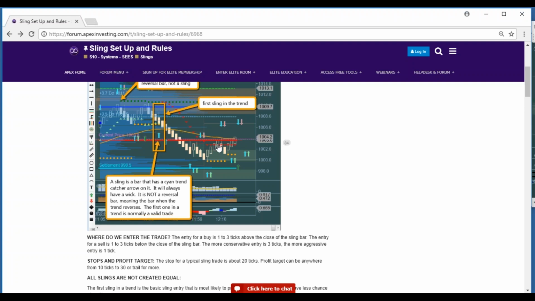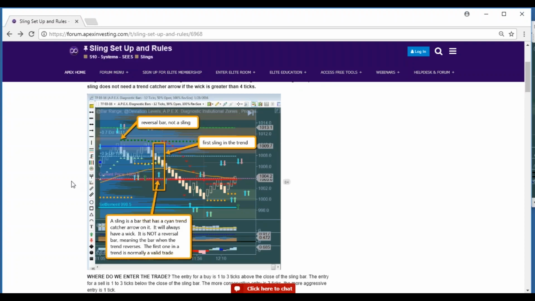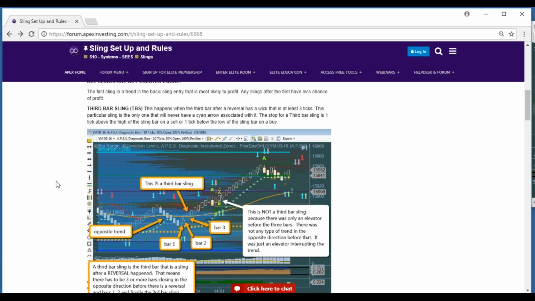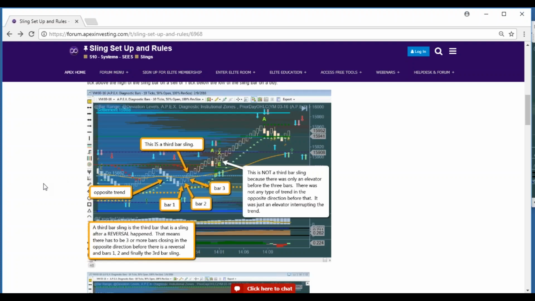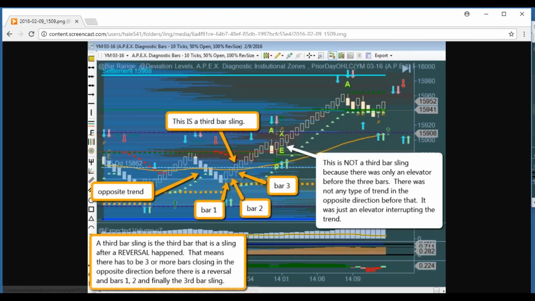You can go through and read more about them here, and you can see screenshots of them all over. A third bar sling does not require that trend catcher cyan arrow. A couple of you said, hey, do that again. A third bar sling is the third bar that is a sling after a reversal happened. That means there has to be 3 or more bars closing in the opposite direction before there is a reversal and bars 1, 2, and finally the third bar sling happen.